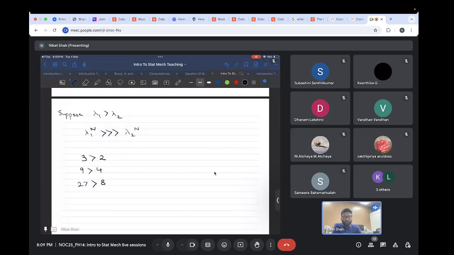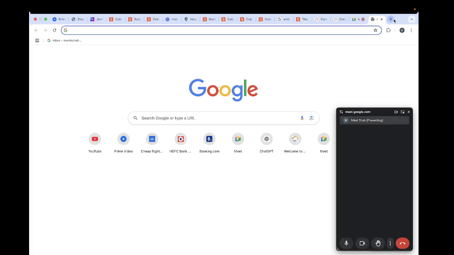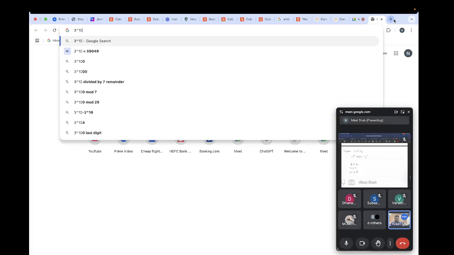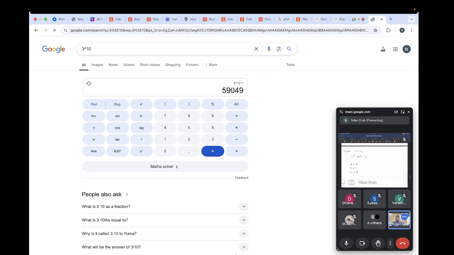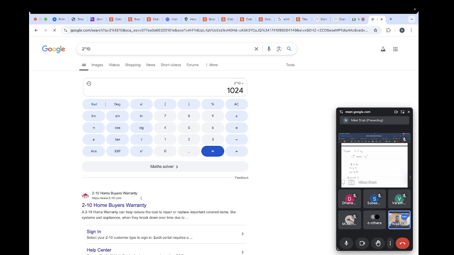Now if we keep on going to higher powers, then say 3 raised to 10. What is 3 raised to 10? I don't know, I have to check actually. 3 raised to 10 is 59,049. And what is 2 raised to 10? 1024.